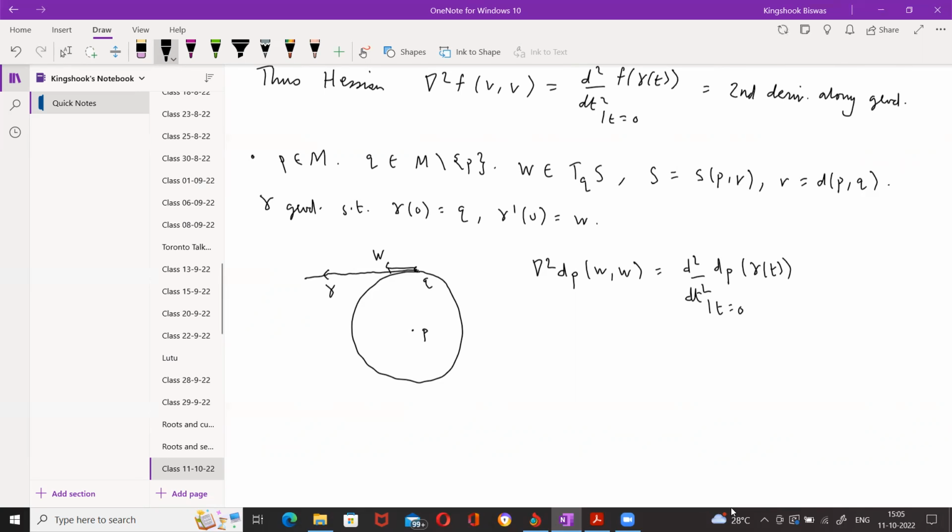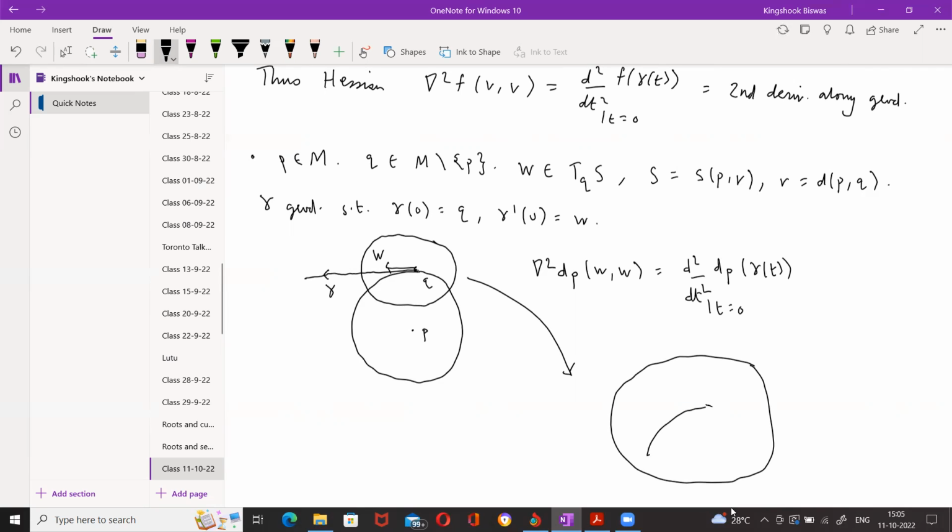Now, in this picture, what is this second derivative? So let me blow up this picture. Let me zoom in near this point. What am I looking at? So magnify this. When I zoom in, what I'll see is something like this. So here is the sphere which is bending like this.